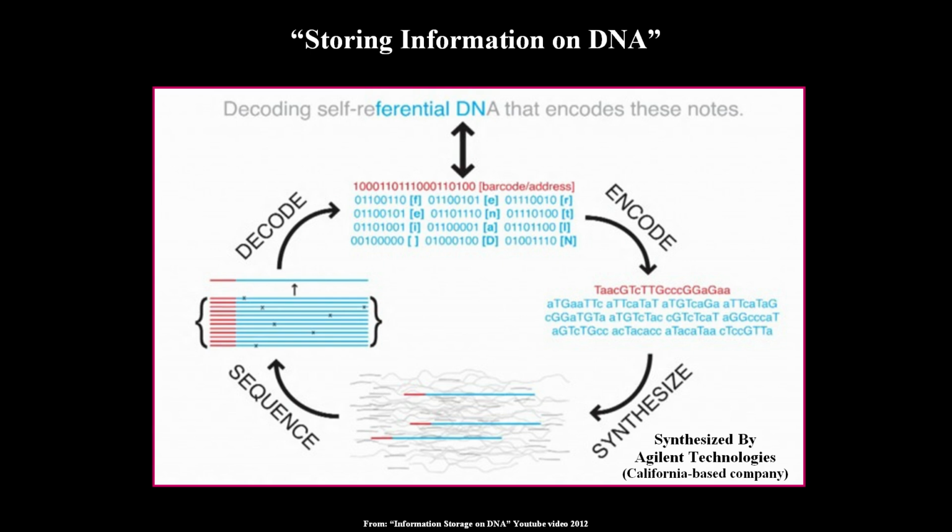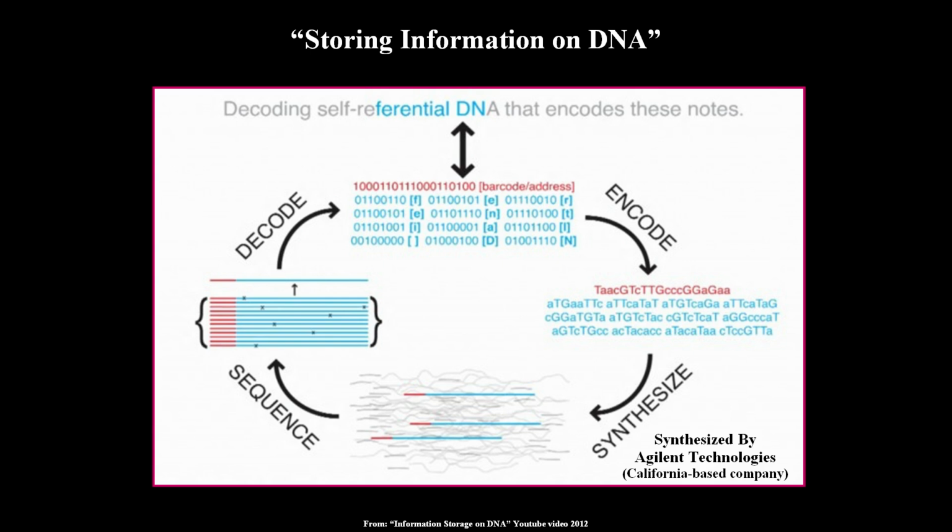I know this is going to sound very confusing, but in a nutshell, guys, you can look into this more. I got this information from a YouTube video called Information Storage on DNA, back in 2012. So that shows you how old this information is.